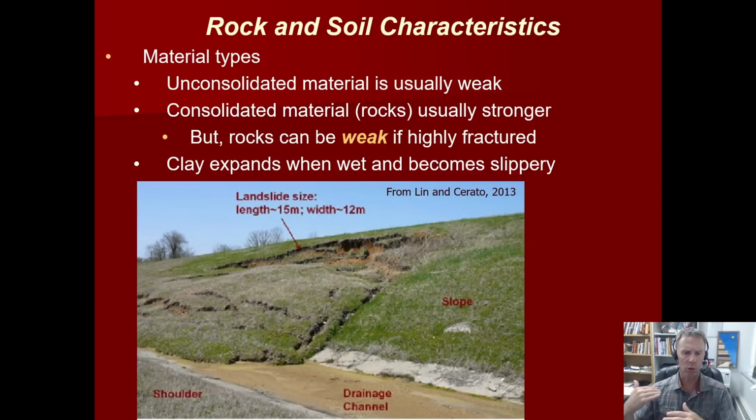And those structural weaknesses can cause the slope to become less stable, even in solid rocks. One of the things here with clay materials, as we've talked about, is that it loses a lot of its shear strength when it becomes saturated, and it can flow and cause mass wasting events, like the one shown here.